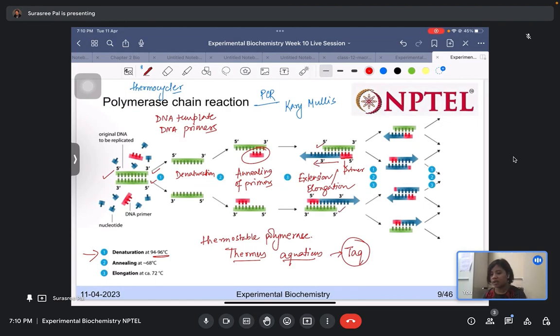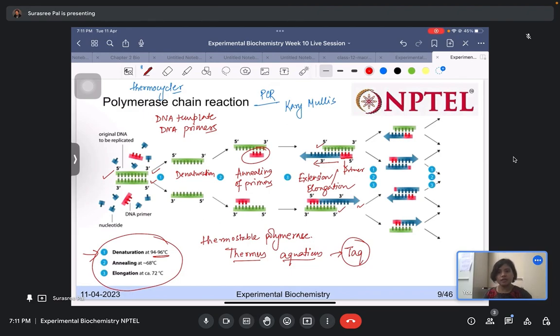This occurs for both the strands. So in this elongation step, the polymerase will be able to copy the DNA, and then these steps will be repeated again. So it will occur in a cycle. Okay.